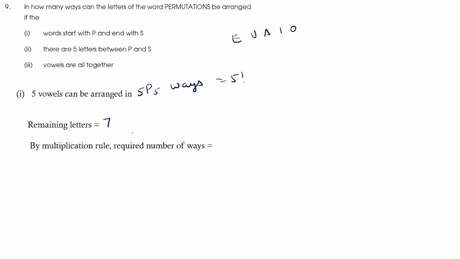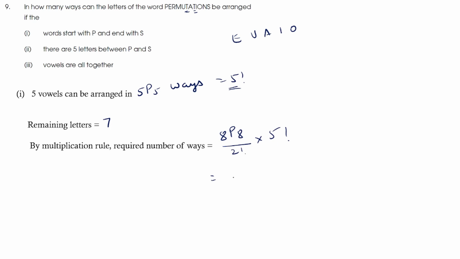7. Now if we consider these 5 vowels as a single letter because they have to occur together, by the multiplication rule, the required number of ways will be 8P8 upon 2 factorial, since T is repeated, into the number of ways in which the vowels can be arranged, 5 factorial.